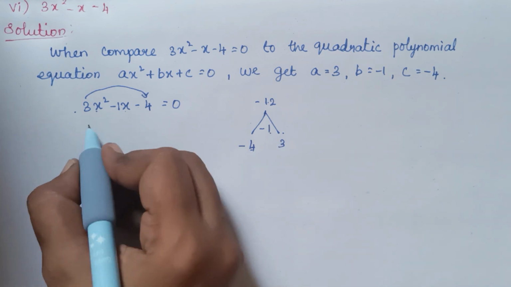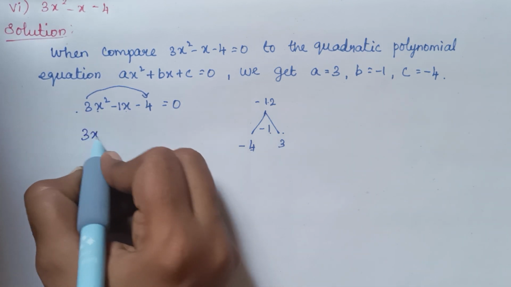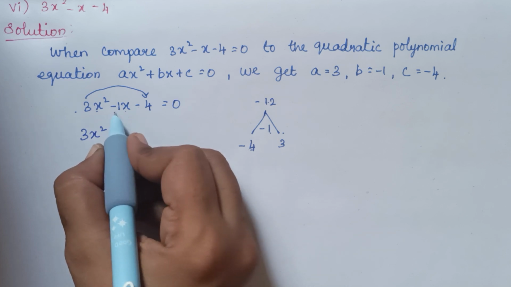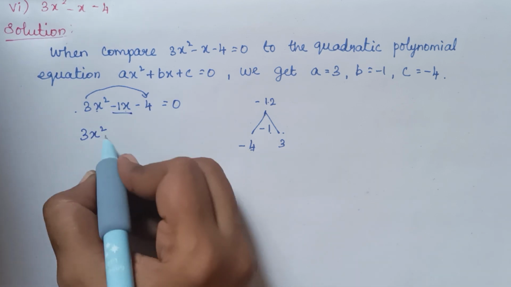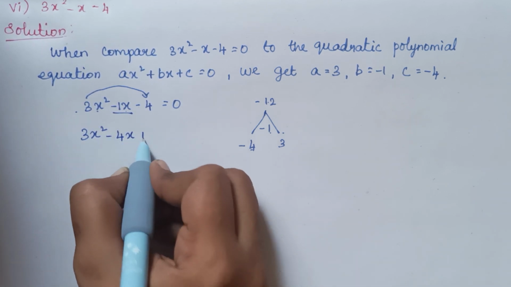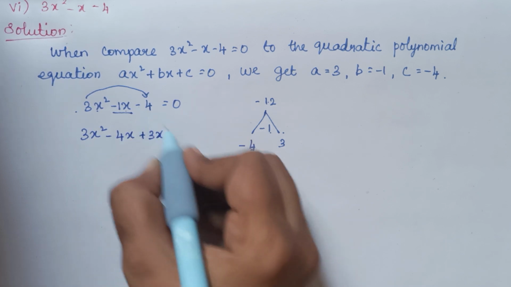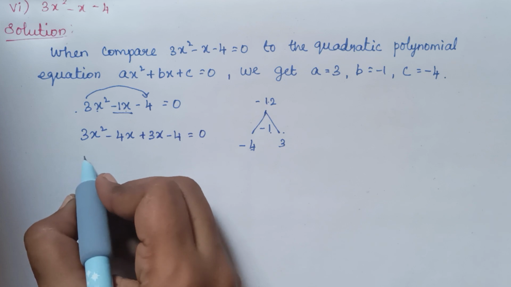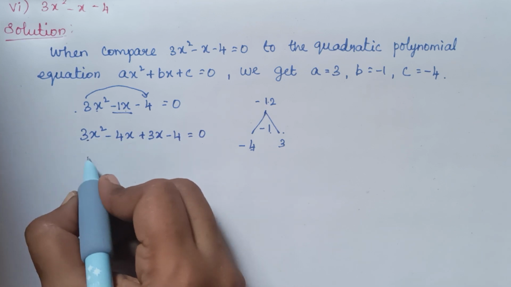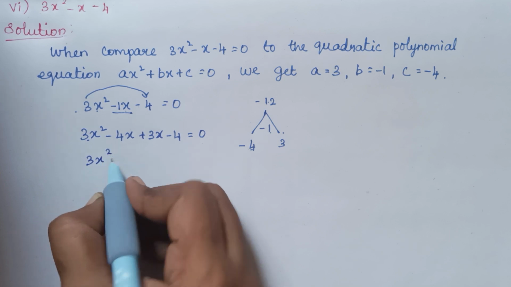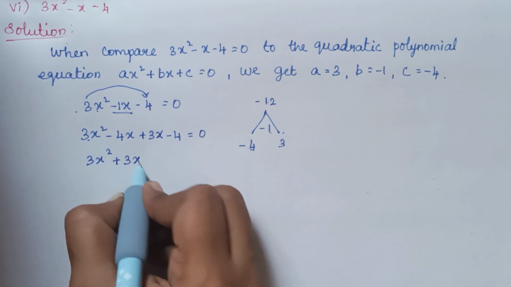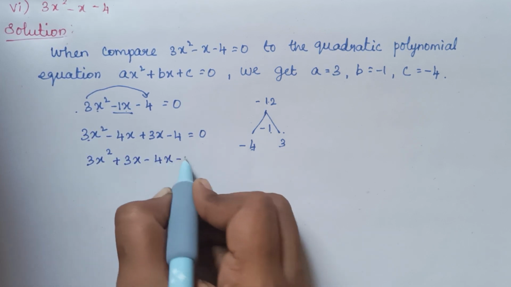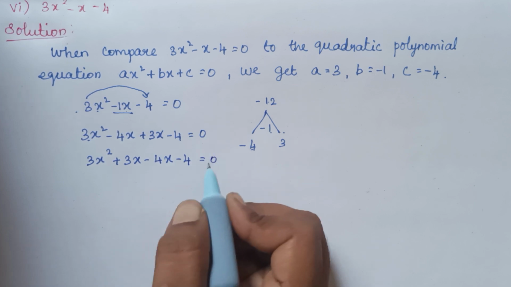Now simplify this. 3x square, instead of this minus 1x, we can write minus 4x plus 3x minus 4 is equal to 0. Okay. Now, so change this term. So 3 is there, so we can change this term. 3x square plus 3x minus 4x minus 4 is equal to 0. Okay.